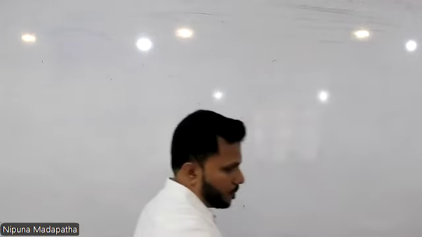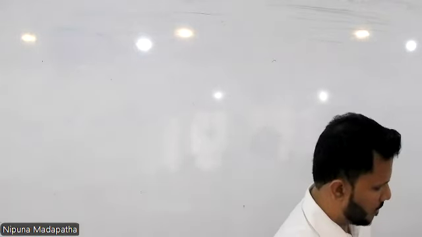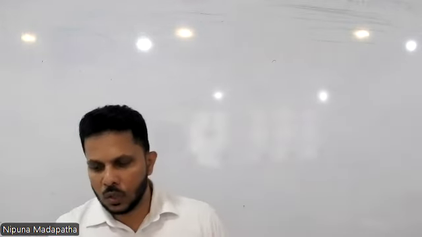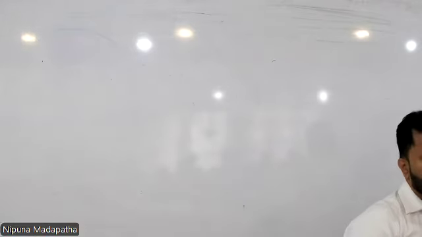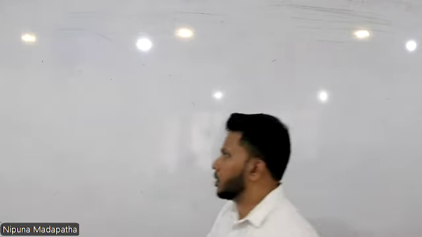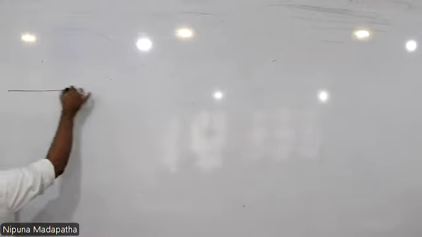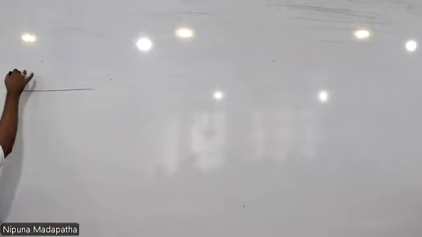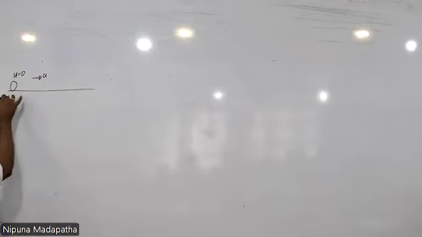Well, question number 4 says an object starting from rest accelerates uniformly and covers a distance of 20 meters in the first second. It says an object starting from rest accelerates, right?